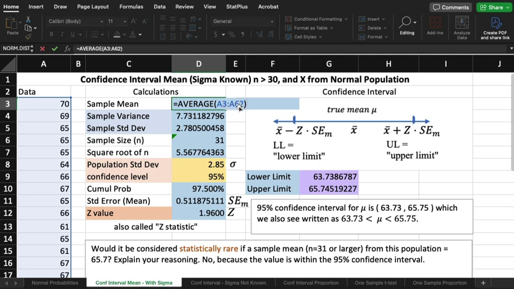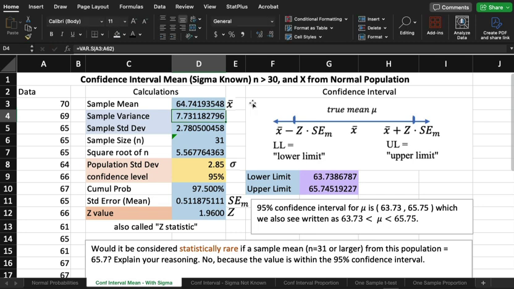It doesn't have to go all the way down to A62, but we have that possibility. So equals average, parenthesis, A3 colon A62. That's going to capture all of our data and calculate the sample mean. That's our X bar. That's the first of three values that we need to construct our confidence interval.